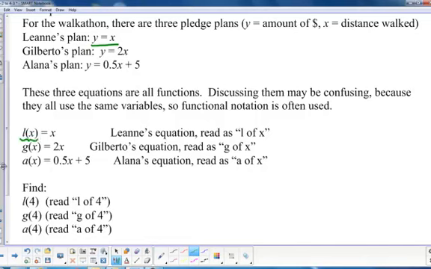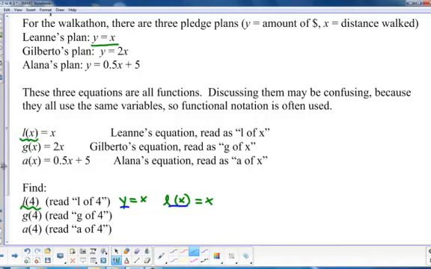So Leanne's function, we can plug any number in for x. And if you look at this, it's saying plug 4 in for x. So I know that y equals x. That's the same thing as L of x equals x.